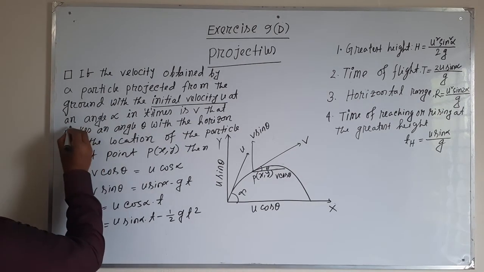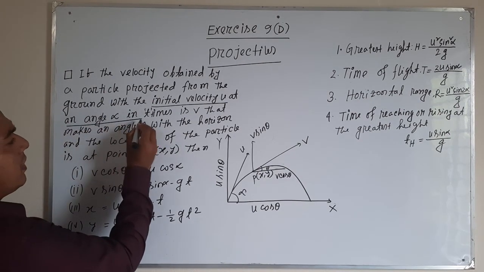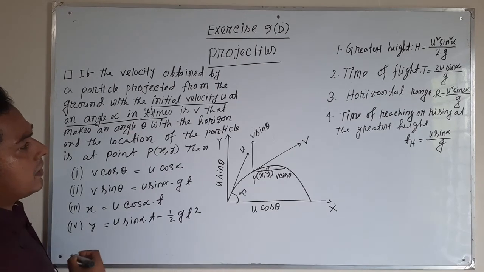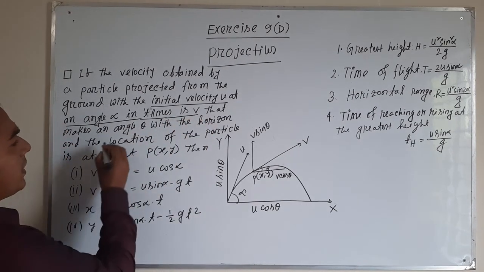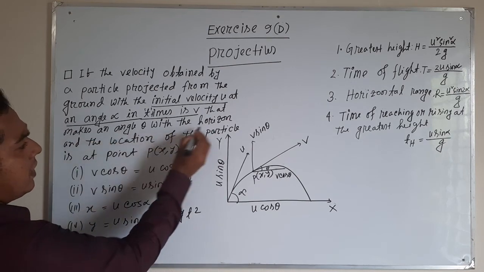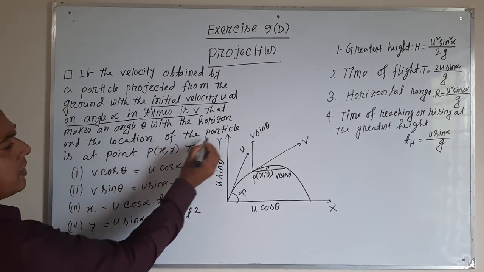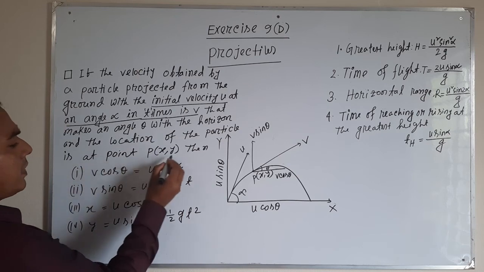at an angle alpha, and after time t its velocity is v, which makes an angle theta with the horizontal, and the particle is located at a point P(x, y).